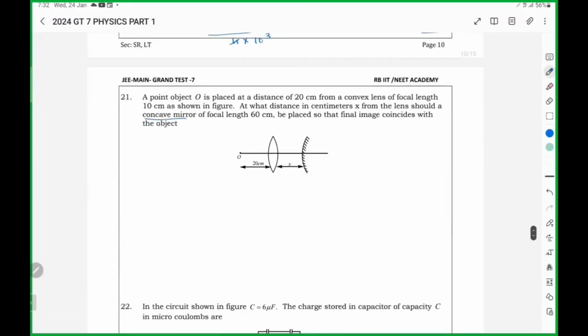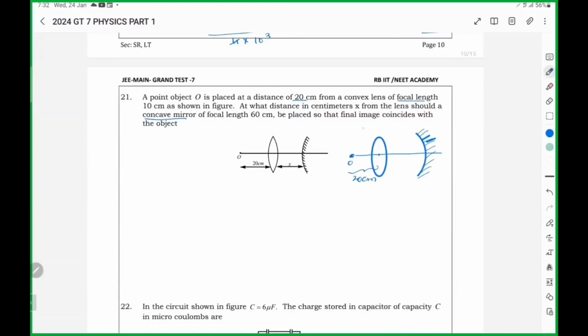Here it is a concave mirror. So, diagram. So like this. Here the question is, the object is placed at O at a distance of 20 centimeters.